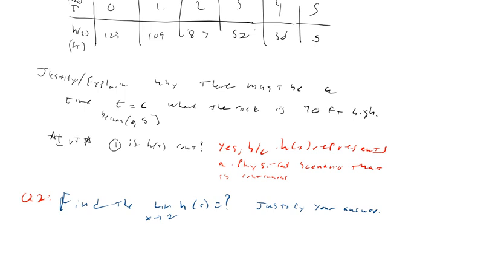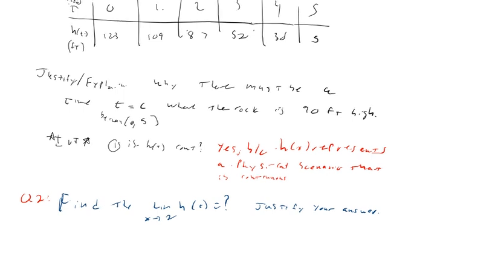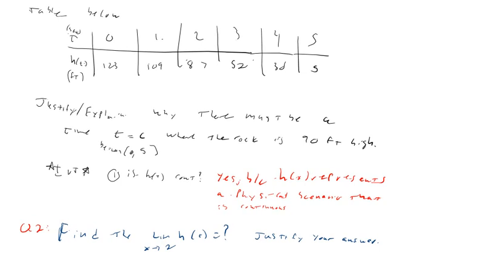So again, we have our situation where the height of a rock is flying through the air. I want you to tell me what the limit is as t approaches 2 of this function h.